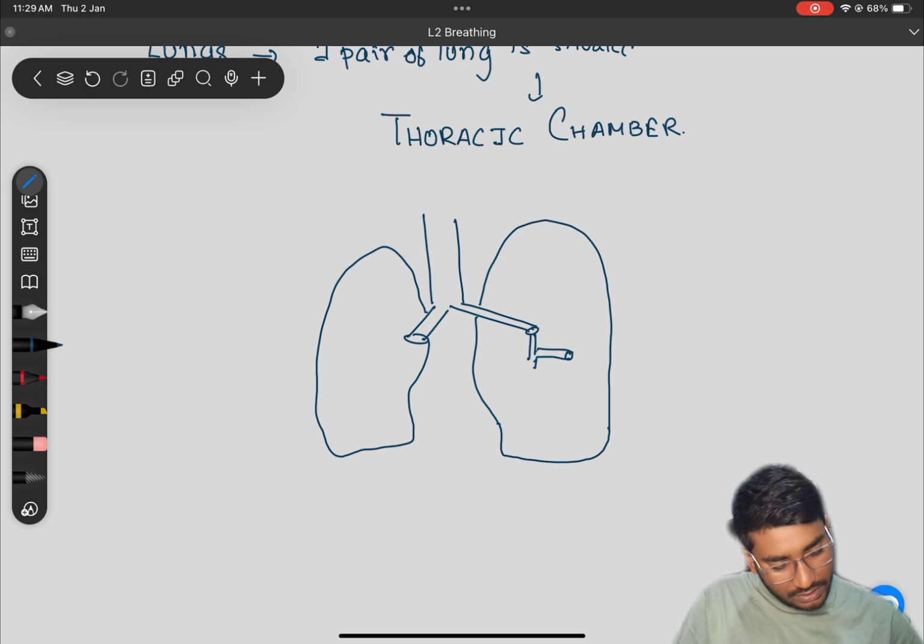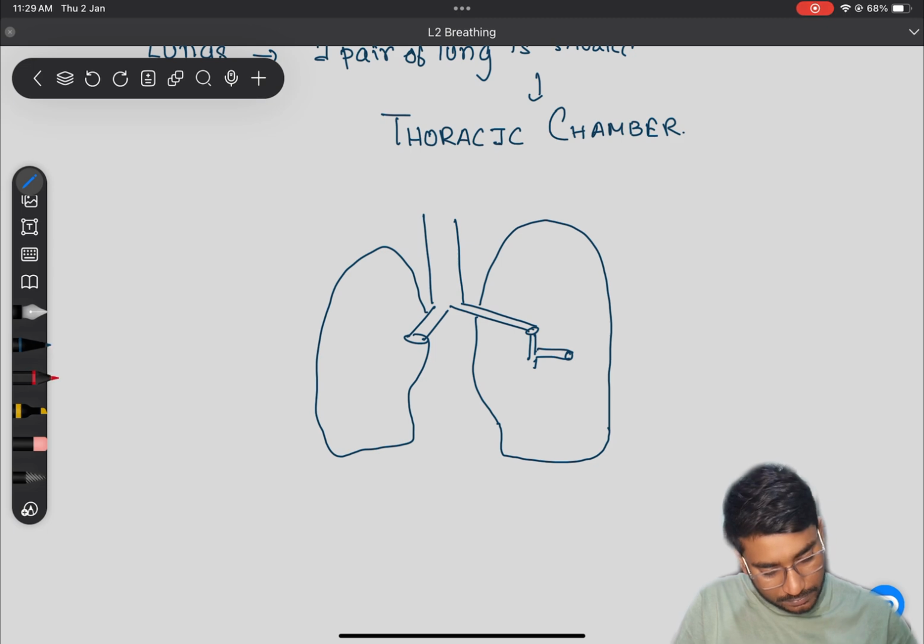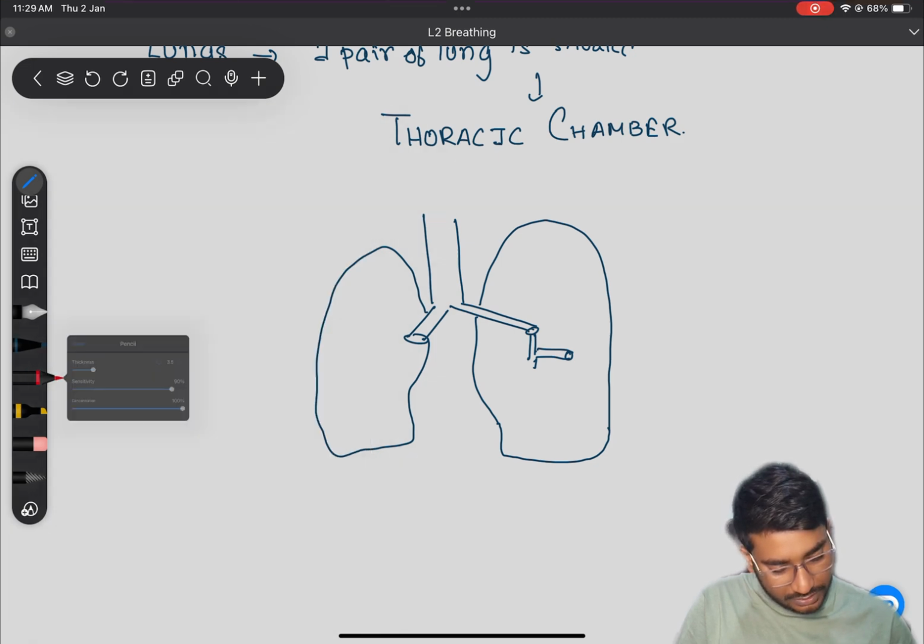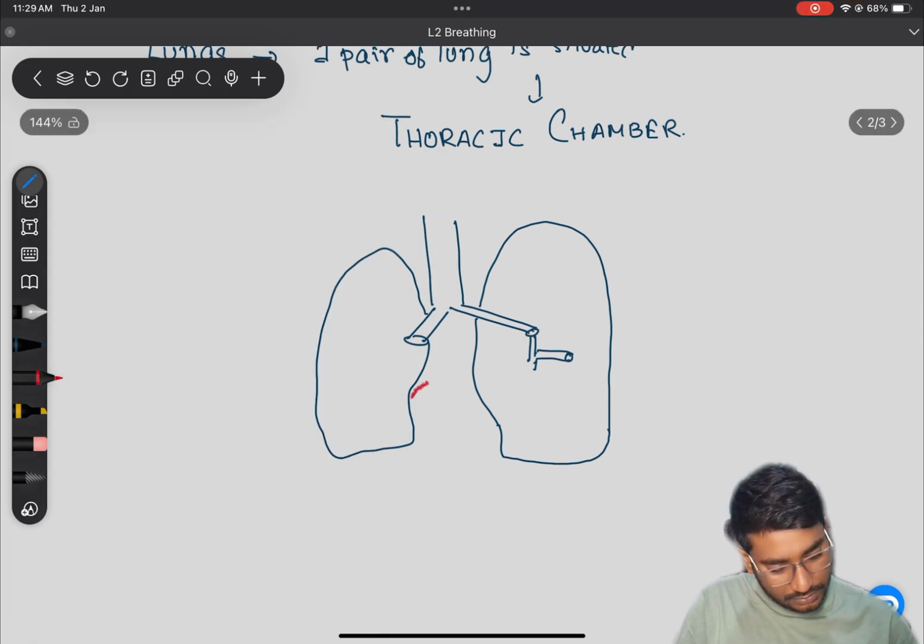Now here the heart actually lies. The heart, let me draw it with a red color.